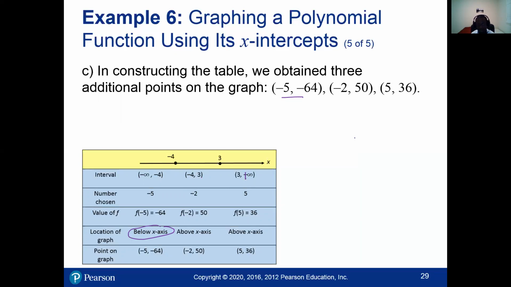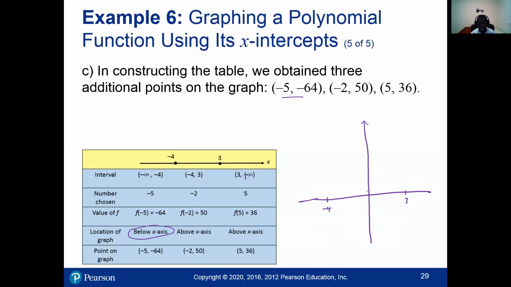So if I want to graph this, I'm going to sketch it here. We have -4 here, and +3 here.